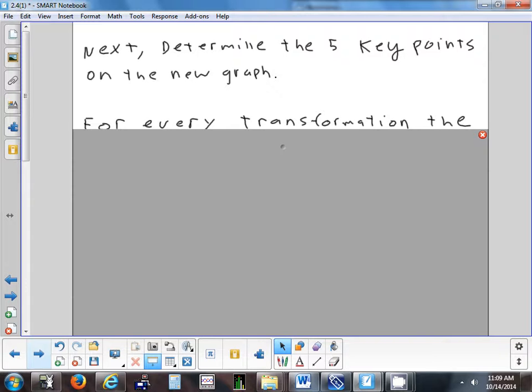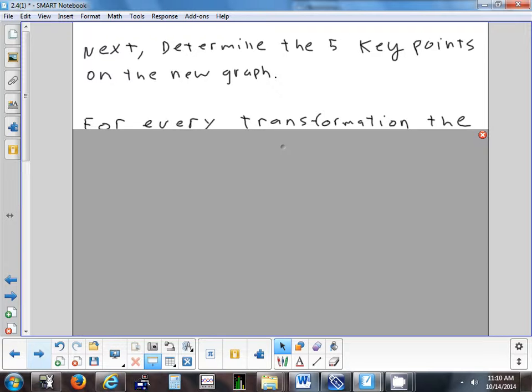I might move it up or down. If you move something up or down, which axis does that move it on, the x or the y? It moves it on the y, up and down. It's vertical. So all the x's would stay the same. If all I do is move something up and down, the x's aren't going to change.